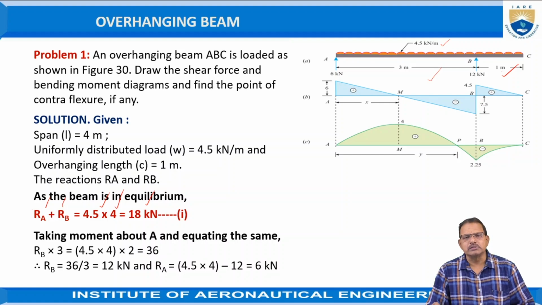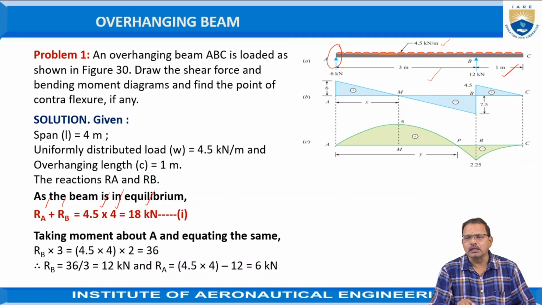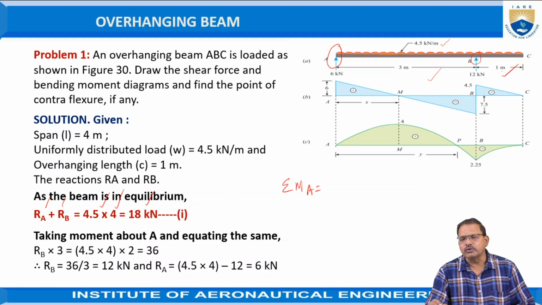Now, the second equation is taking the moments at any point. The preferable point is always toward the left side of the beam. Here I am taking point A, that is sigma MA. The moment at point A is equal to, in this case, RB, the reaction, which tends to rotate the body in the anti-clockwise direction.